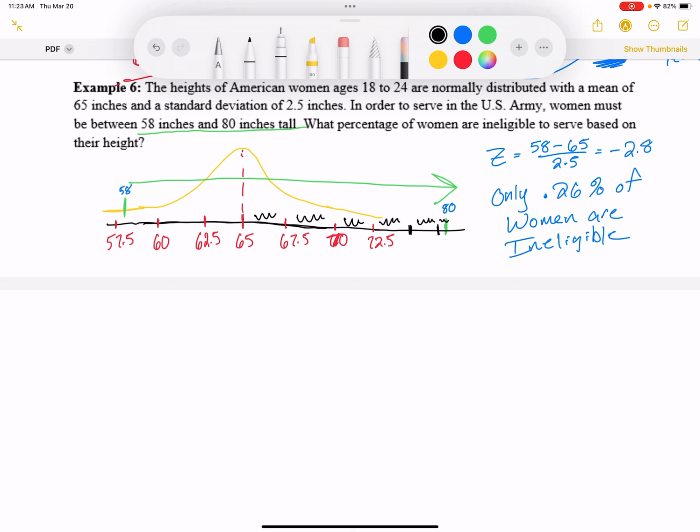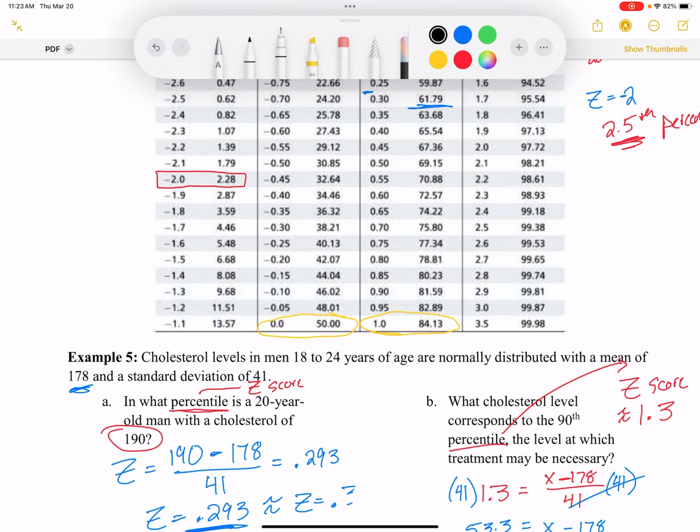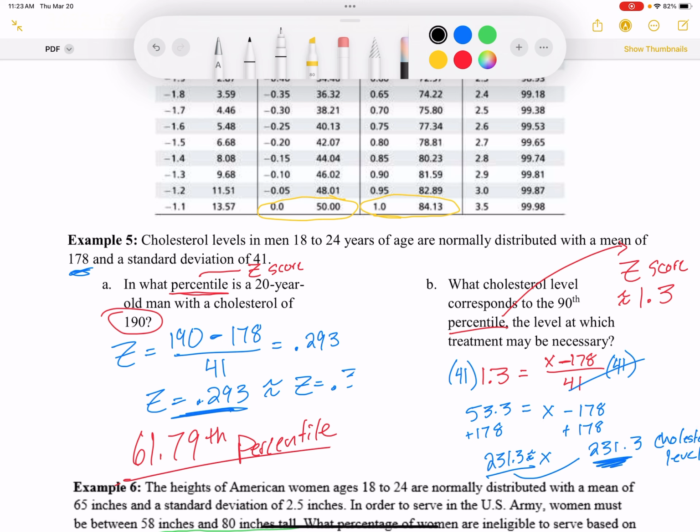So I'm saying that all the data above the mean is covered because 80 covers it all, because 3.5 standard deviations basically covers it all. But if not 3.5, then 4. If not 4, then 5. And 80 is actually 6 standard deviations above the mean, that for sure covers all the data. The table doesn't even go that far.